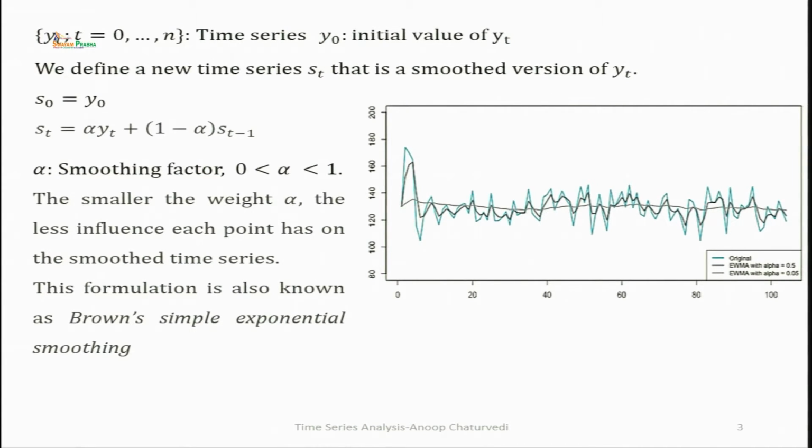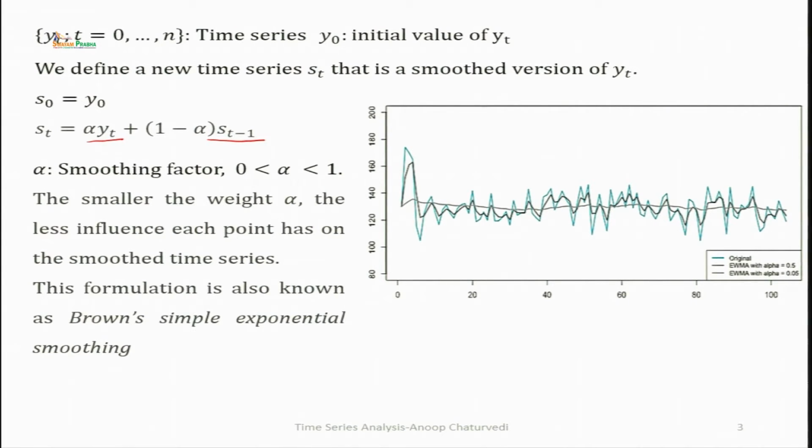In this method, S t minus 1 is the smoothed value for the previous period, for the period t minus 1, and y t is the current observation of the time series, and then you have taken a weighted average of these two, alpha y t plus 1 minus alpha S t minus 1.